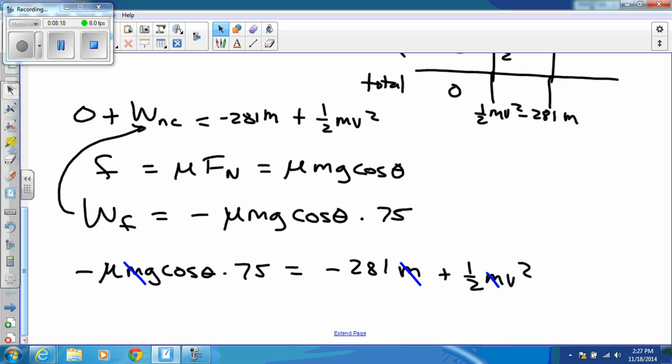When you plug in mu and g and cosine theta before, you can do that also. Is there a reason to do it? No, I don't know.